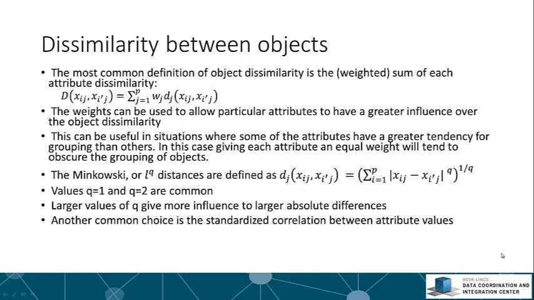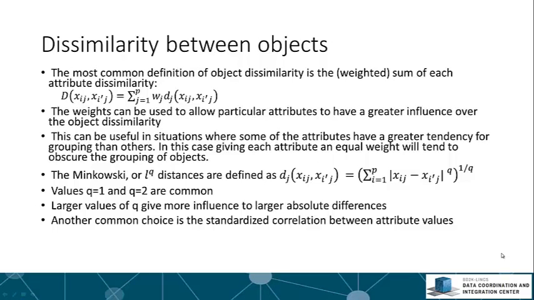So we've looked at how we measure the dissimilarity between attributes, between objects. But we've not so far considered how we measure the dissimilarity between objects themselves. Well, this is defined in terms of the dissimilarity between each of their individual attributes. Now, the most common definition for the object dissimilarity is essentially the sum of the dissimilarities for each of their attributes.